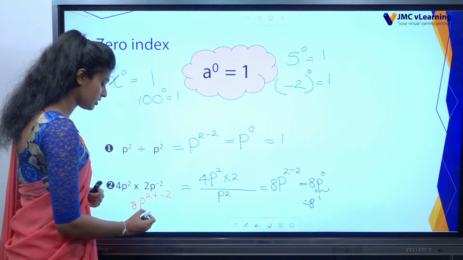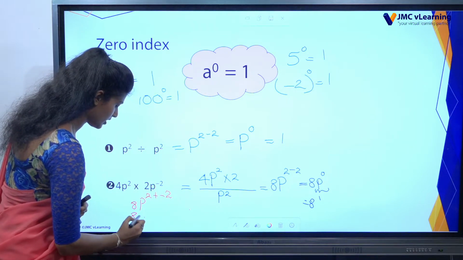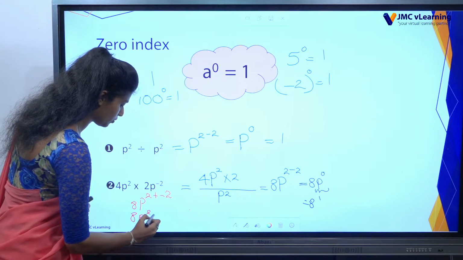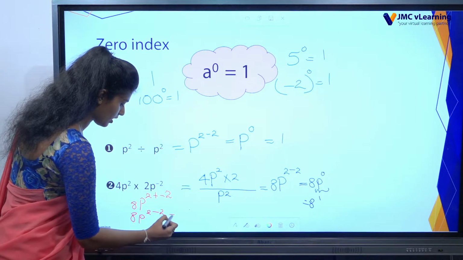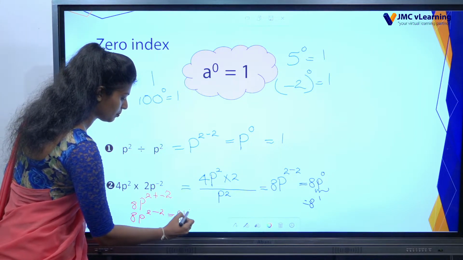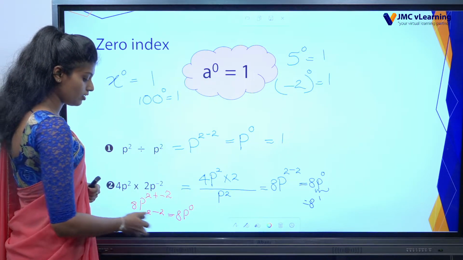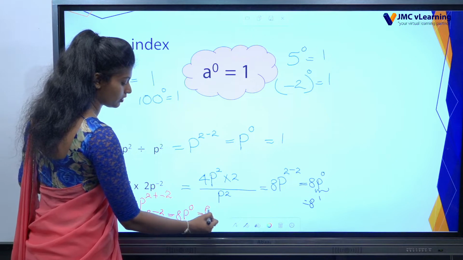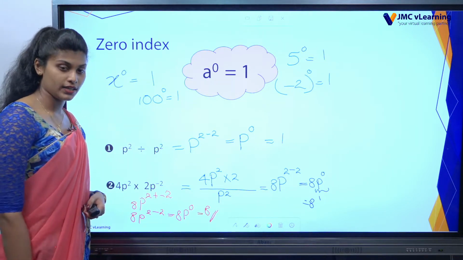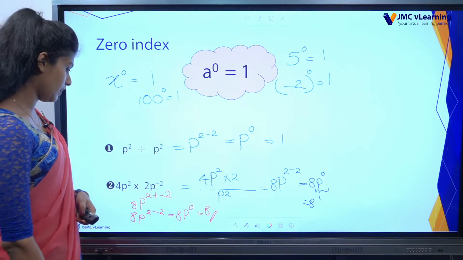Here plus and minus gives minus. 8p to the power 2 minus 2. The answer is 8p to the power 0. Then p to the power 0 is 1. 8 into 1 is equal to 8. This is the other way.